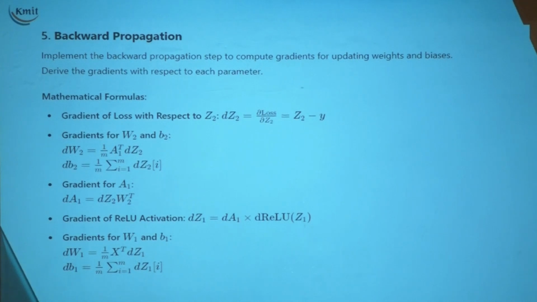Fourth one, dZ1. Finally, fifth one is dW1, dB1. These were the 5 calculations that I was talking about. Okay. What are these 5 calculations, guys? dZ2, dW2 and dB2. After that, dA1, dZ1, dB1 and dW1.